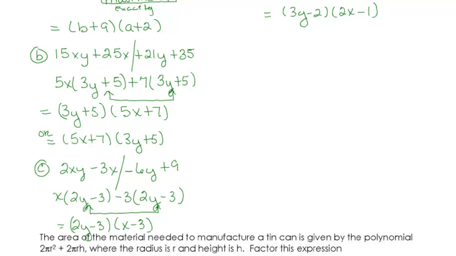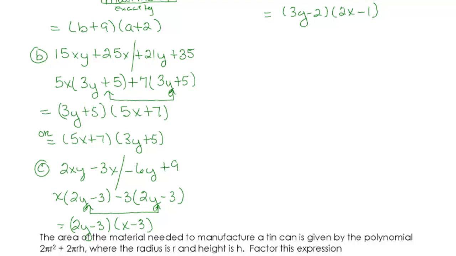Let's look at this last one. The area of the material needed to manufacture a tin can is given by the polynomial 2 pi r squared plus 2 pi rh, where the radius is r and the height is h.